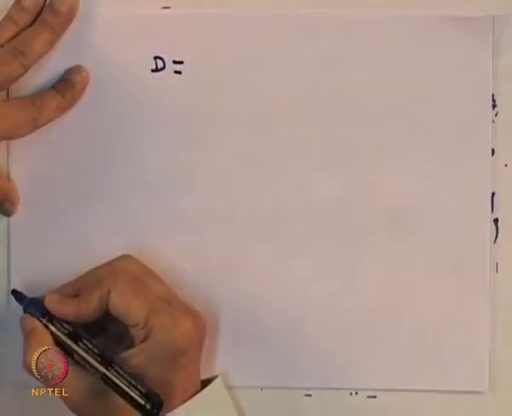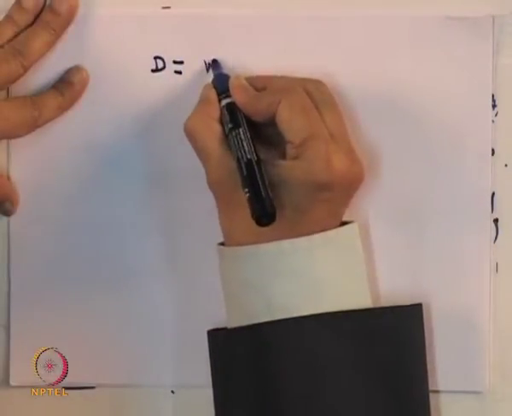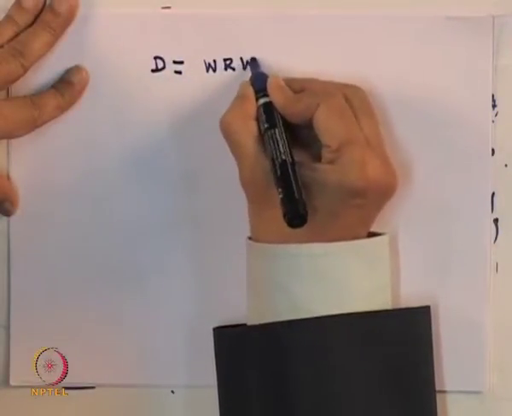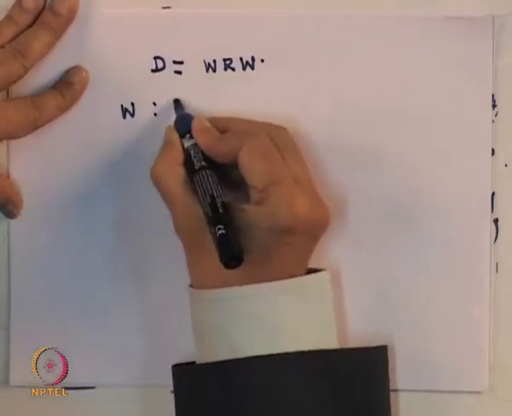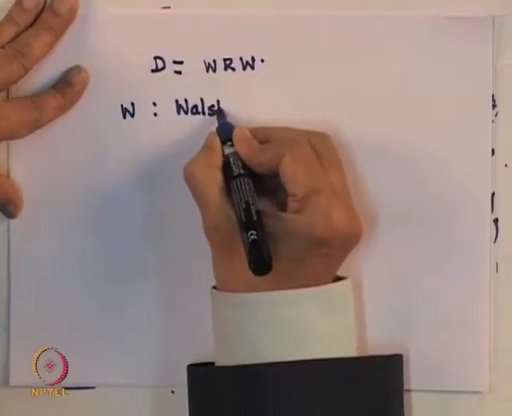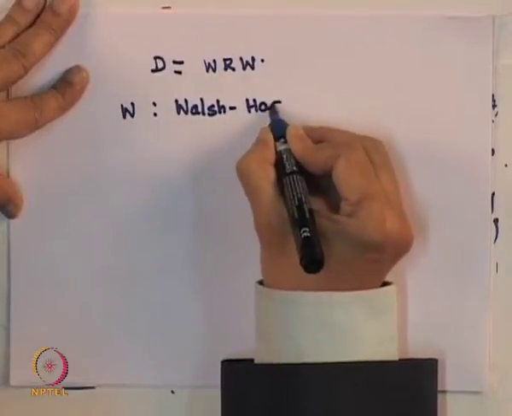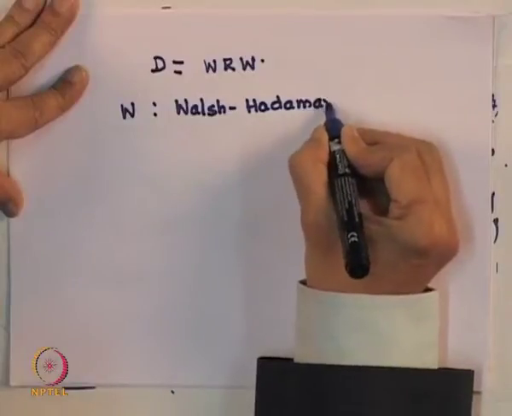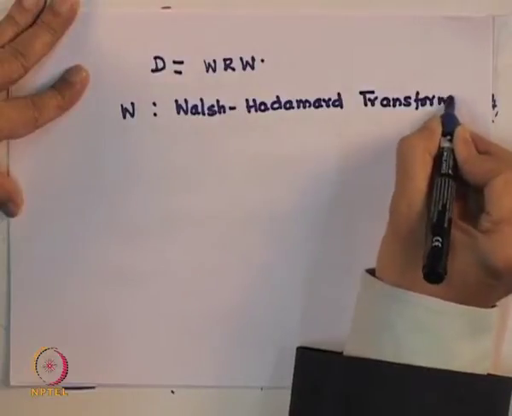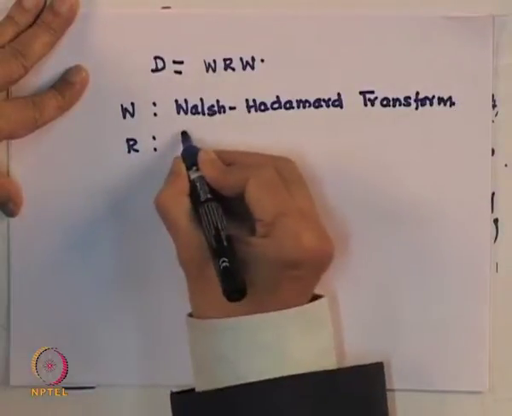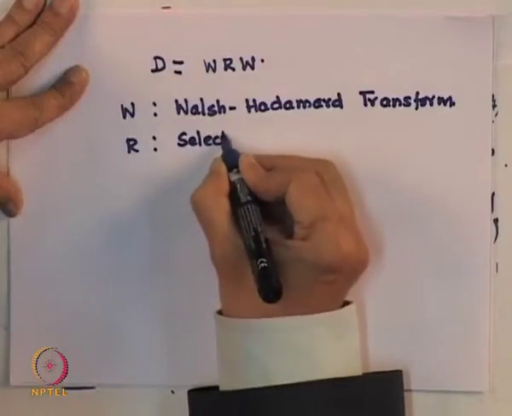So I claim, as you can see from my notes, that the matrix G can be implemented by the following quantum process, where this W is the Walsh-Hadamard transform, and R is a selective phase rotation.